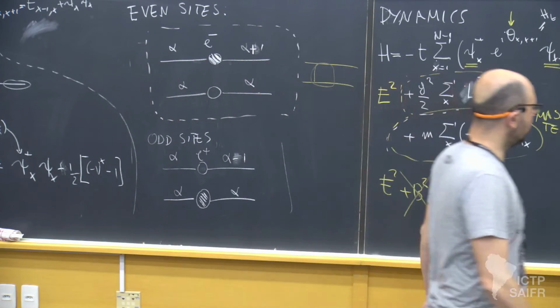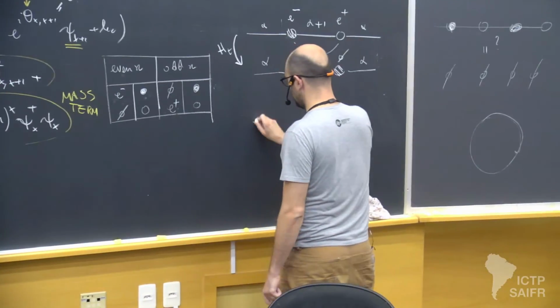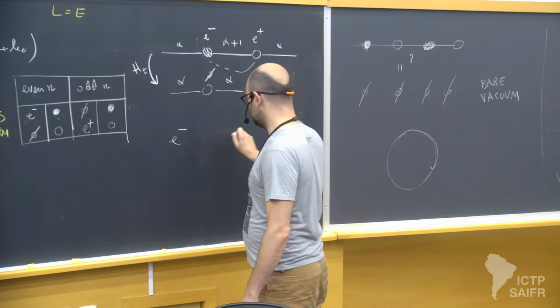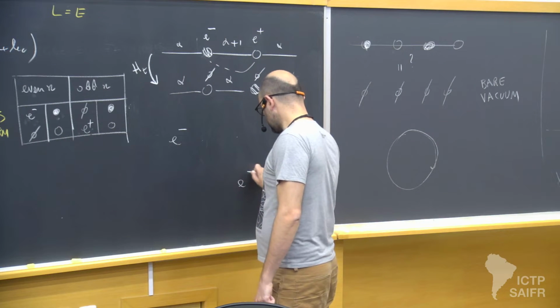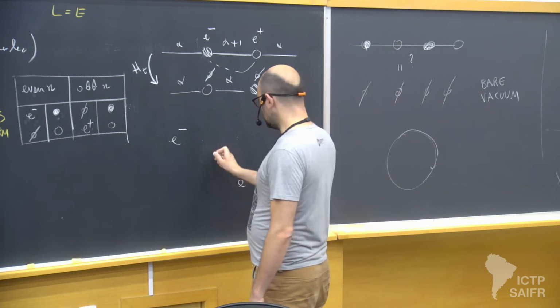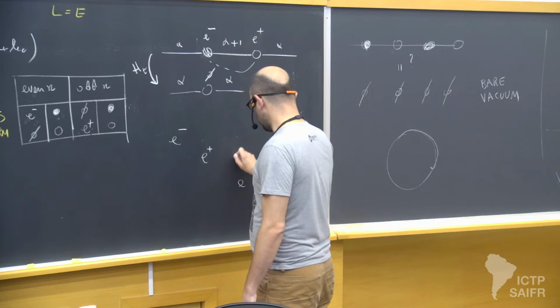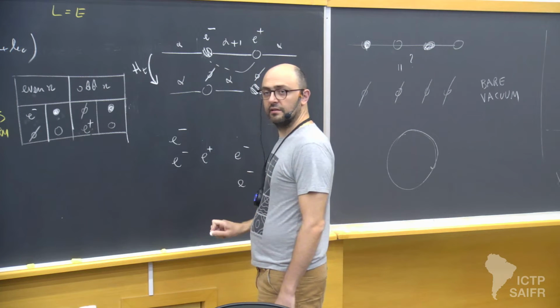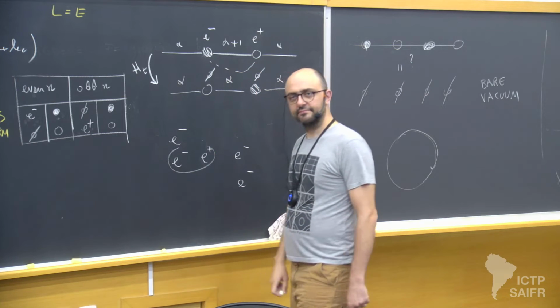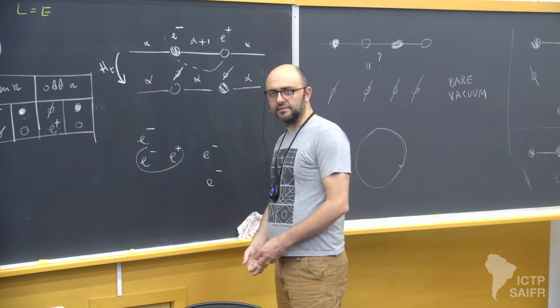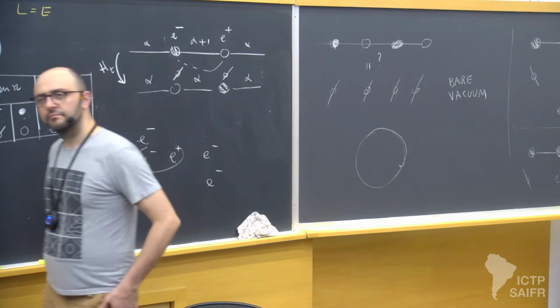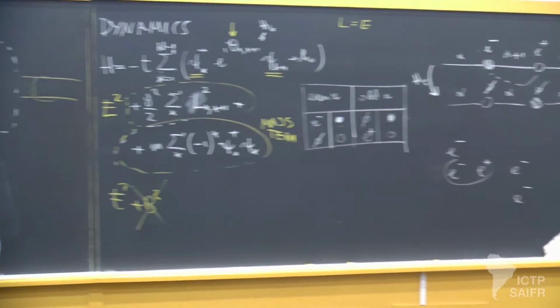If you want a state where you have an electron at a given site, and a final state where the electron is here, the intermediate state is actually a creation of an electron-positron pair here, and then you annihilate these two. In the Hamiltonian, we just have annihilation.